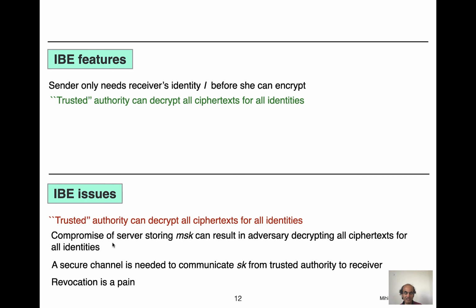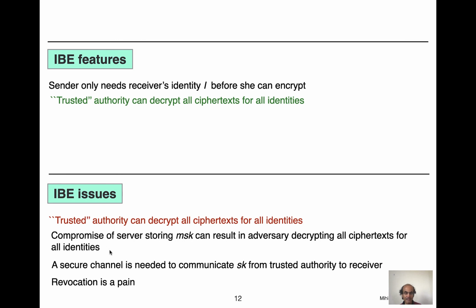What if the server storing it was compromised, and then suddenly you have an adversary who's capable of decrypting all past and future ciphertext encrypted to all identities in the system? Again, in public key cryptography, if you compromise the certificate authority, you can create difficulties with regard to authentication, and there will be a lot of revocation that needs to happen, but you're not going to be able to decrypt ciphertexts that have been created before.